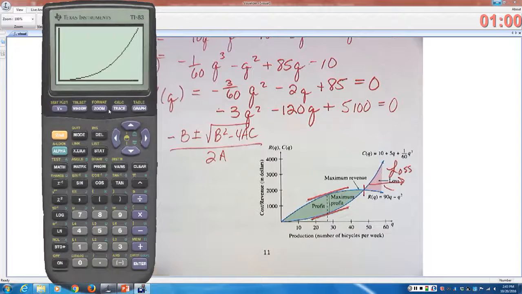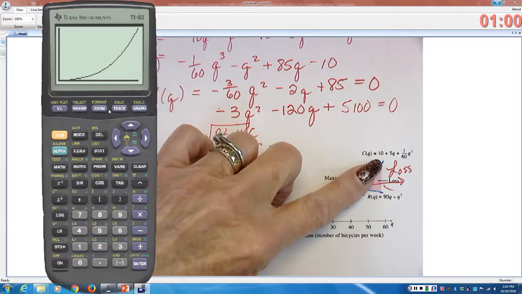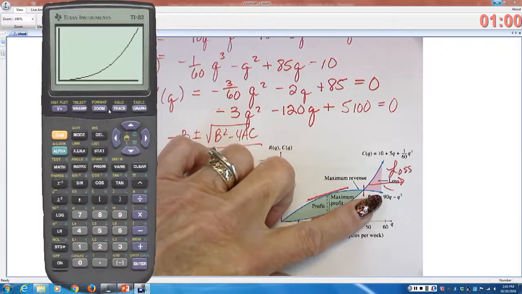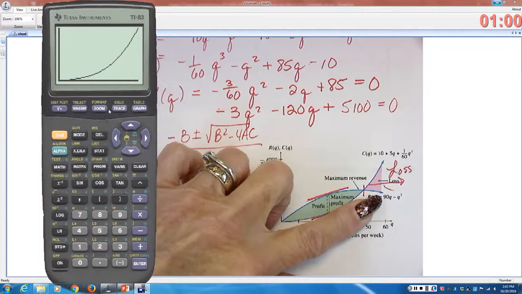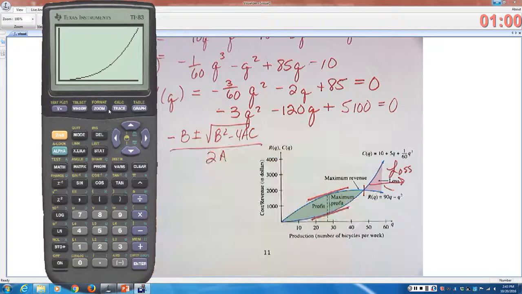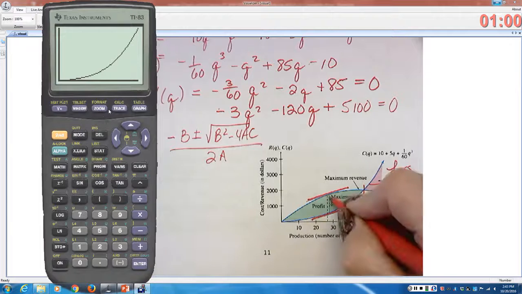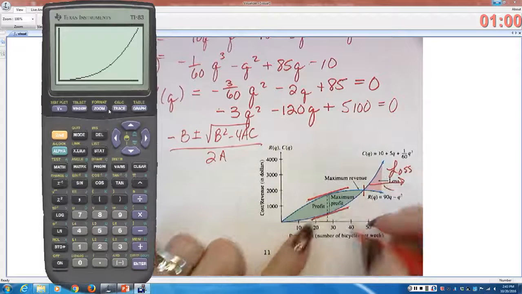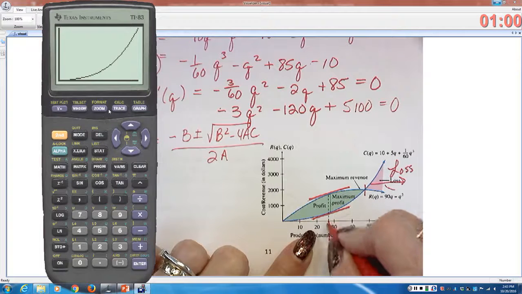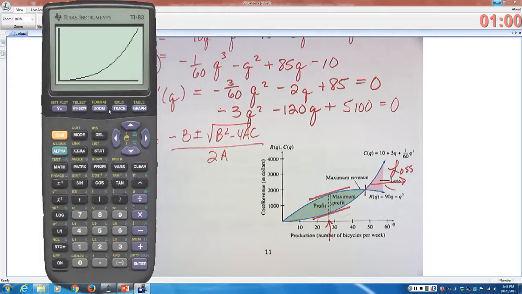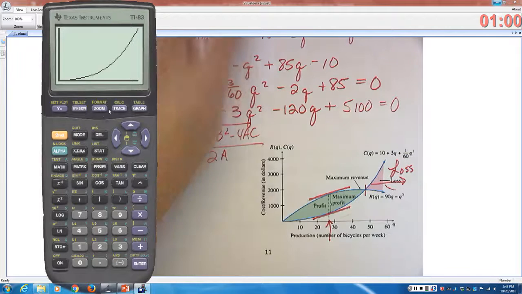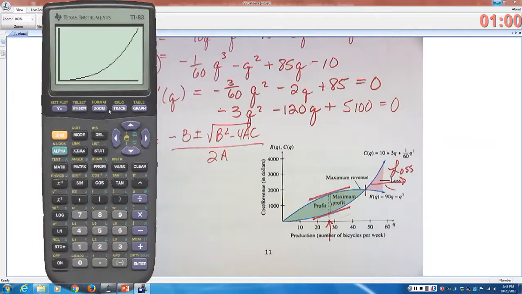You're losing money because your costs are going up and your revenue's coming down, because you're probably charging too much or spending too much. So your maximum profit is when the greatest distance is between these two curves, and it turns out that it's about 27. So 27 bicycles, and then you can plug that in and find out what price you'll be charging. Okay?